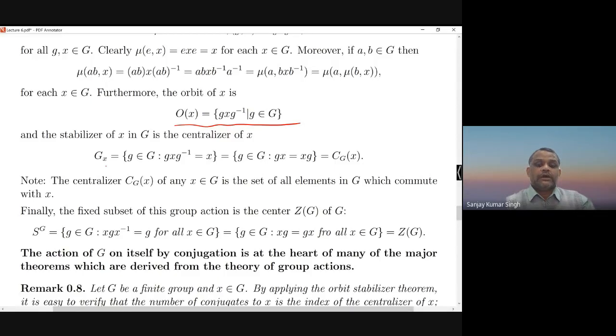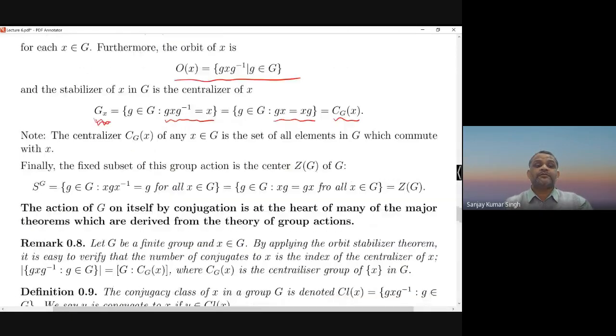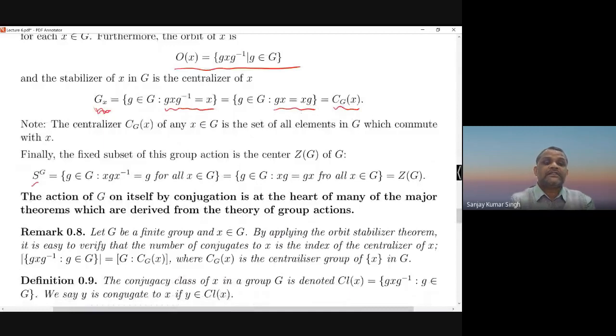And now the stabilizer is nothing but the centralizer of the element x, which is all g such that g x g inverse is equal to x, and it means all g such that g x is equal to x g. And similarly, you will see the fixed point set is nothing but the center of this group.